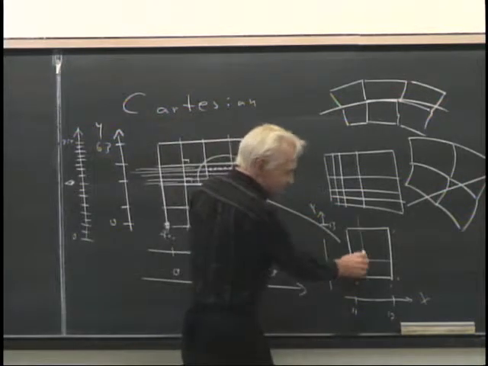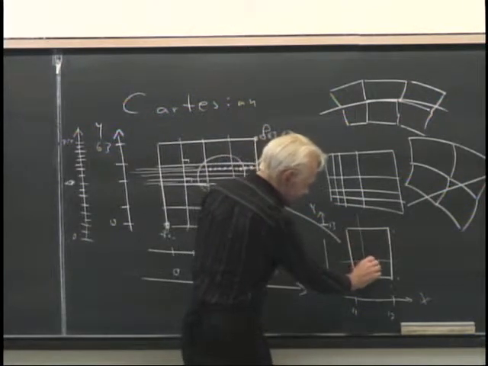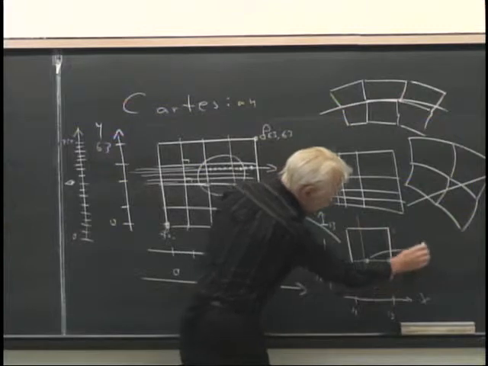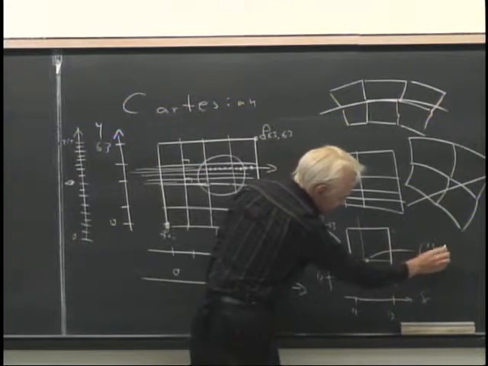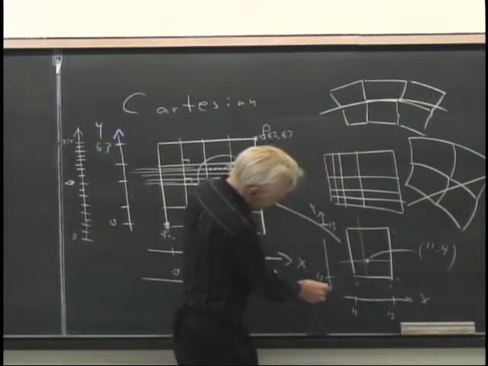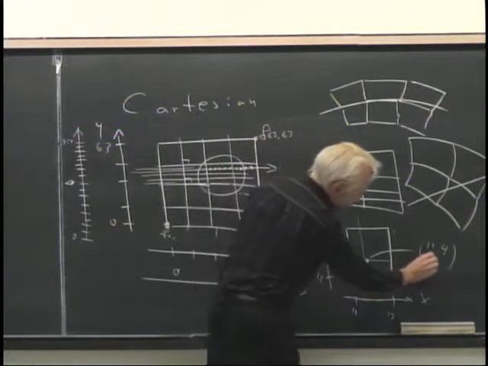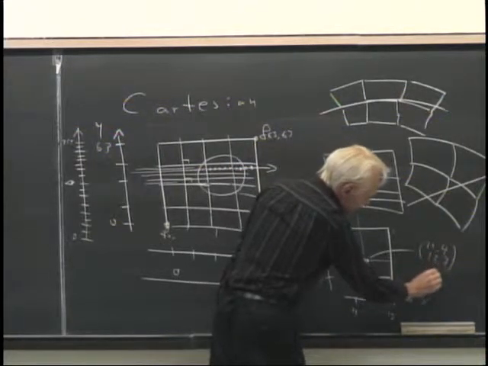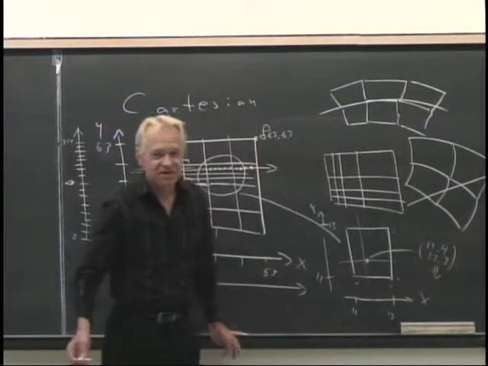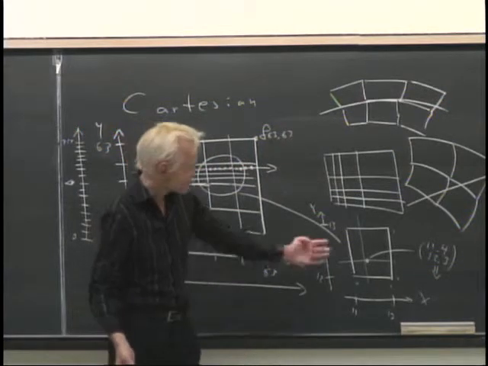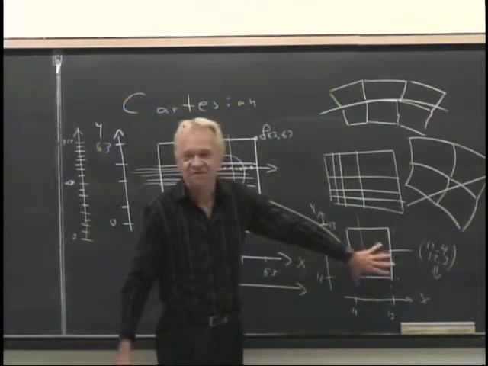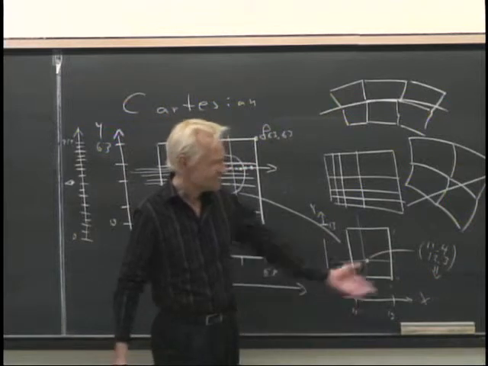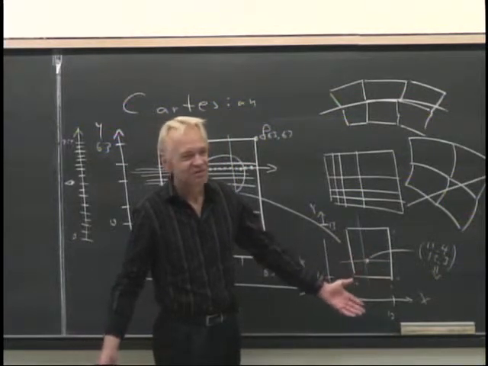So the sample point in the mesh has a coordinate. The way I have drawn it, it looks like 11.4, and maybe 12.3. So what are its parameters relative to the cell itself? Come on, trust your intuition.